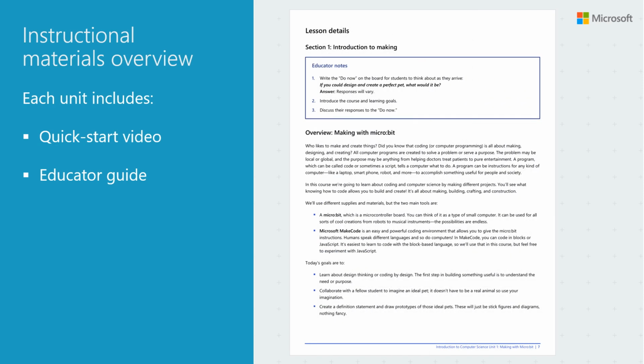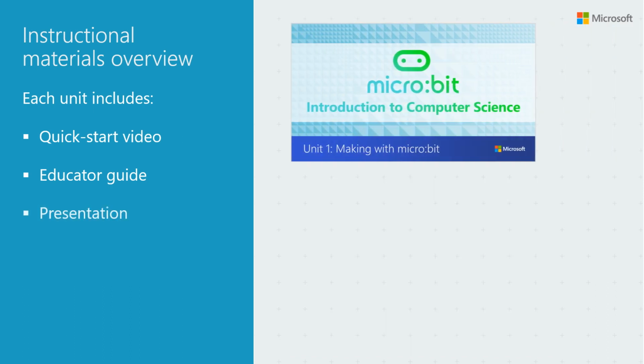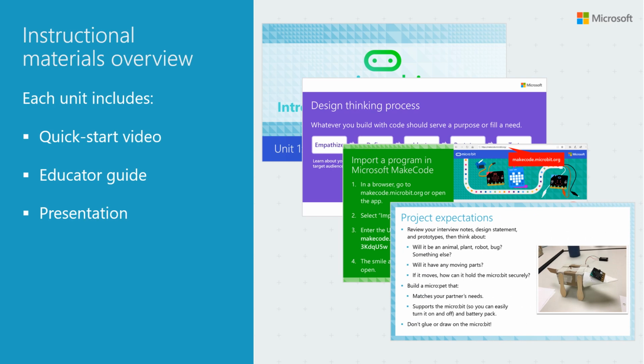For each lesson, we have a lesson plan outline, a before the lesson section with any prep tasks or required materials. We have a lesson details section with activity instructions and screenshots, and we have post-lesson assessments and reflections as well. Now, we also have, for each unit, a PowerPoint presentation that complements the content and the activities.